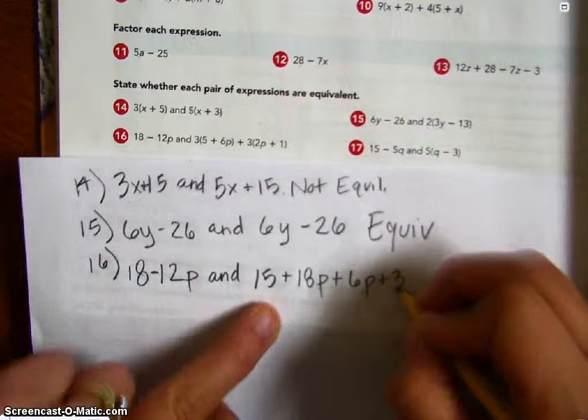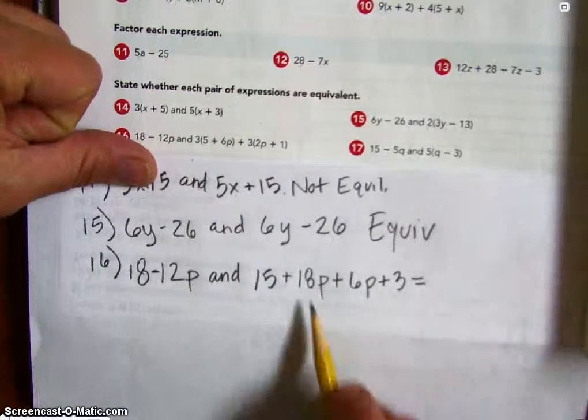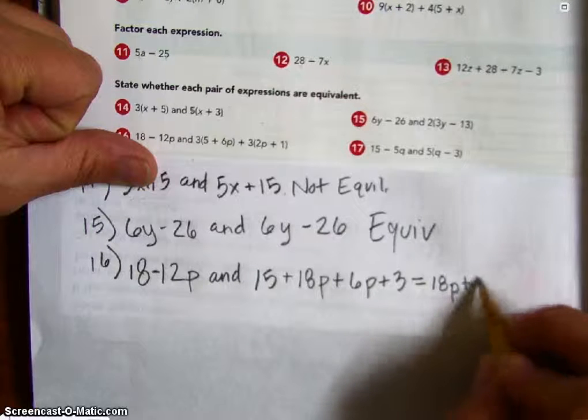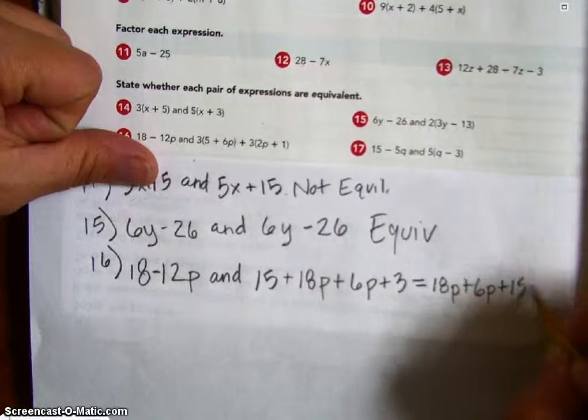So now we're combining like terms. So it will actually equal out to 18p plus 6p and plus 15 plus 3.